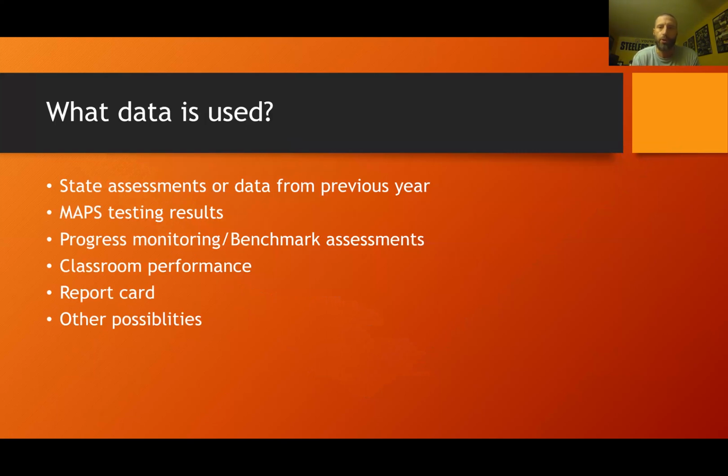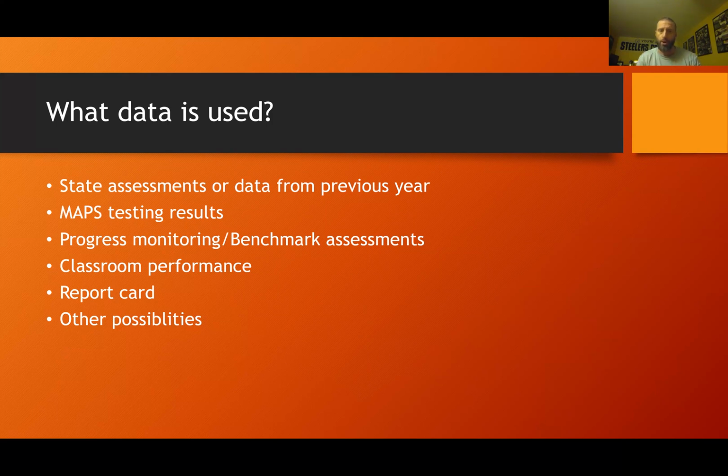So as we work through this intervention process, what data are we using? Initially, we're going to look at state assessments or data from the previous school year. We're going to look at that screening data. Here in Kansas, we're going to look at the MTSS testing results. We're going to use the progress monitoring data or benchmark assessments. We're going to be looking at classroom performance.